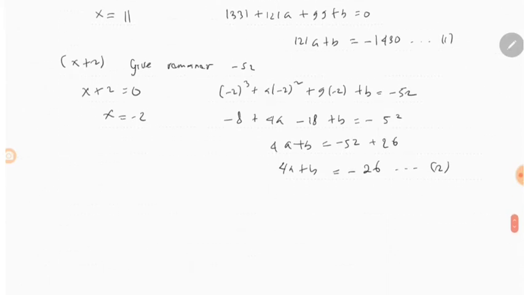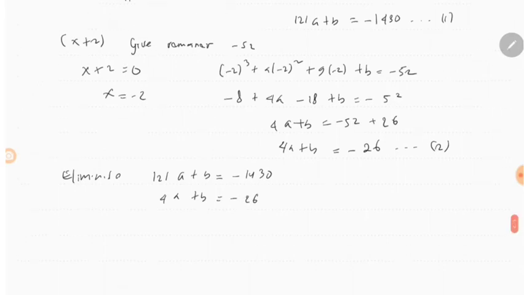And then you eliminate a or b. So we have 121a plus b equals negative 1430, and 4a plus b equals negative 26.